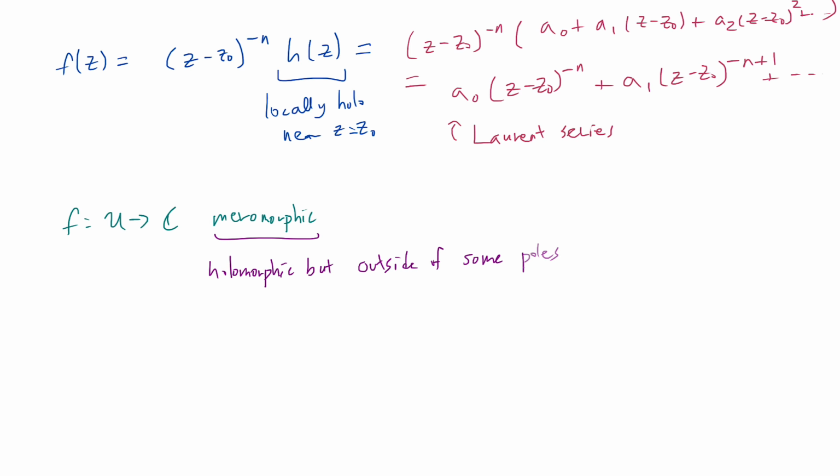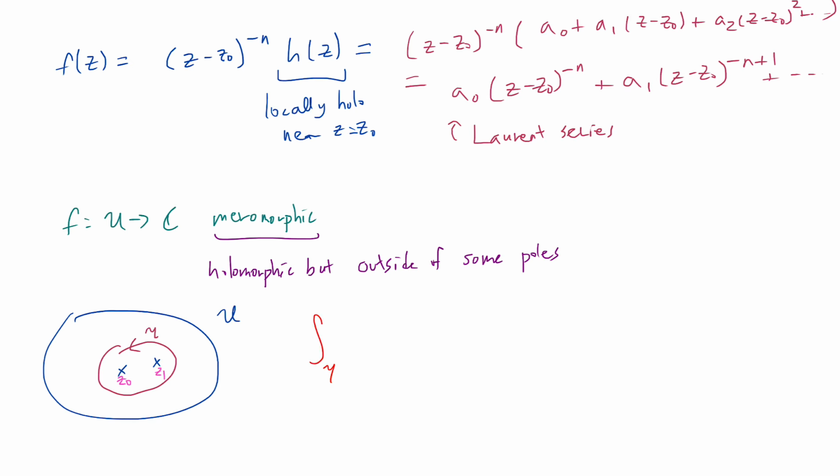And to be concrete, let's consider an example where, okay, so maybe this is U, and we are integrating. So let's have some path gamma here, and let's say we have two poles. We have a pole here, and we have a pole here at say c0 and c1. Now let's think about what the integral along gamma of f of z dz is. Well, again, we can do the usual trick where you have a corridor, you have another corridor here, and you integrate here and you integrate here.